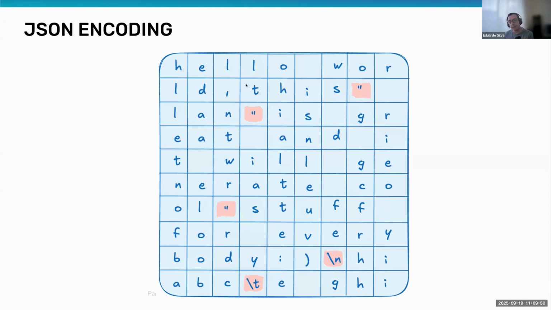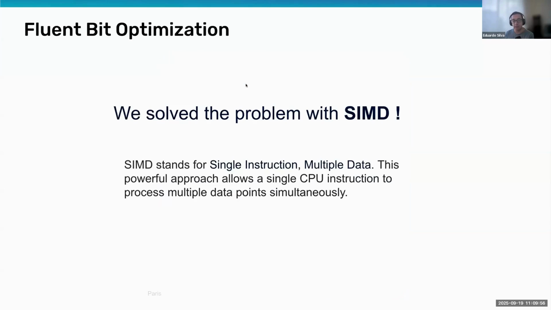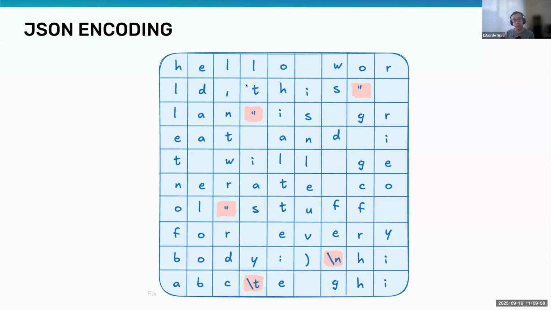Okay, but what happened is, this is what I just showed you from one image to the other, right? When you code this, you have to go one by one. Is this character a special character? Yes or no? If it's a yes, you need to take special consideration, like increasing the memory buffer and escaping this character.